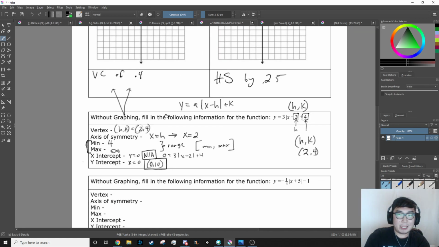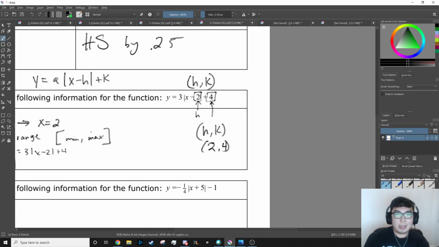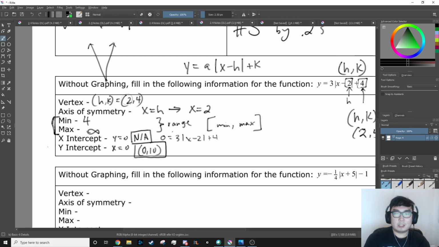We applied it by looking at a vertex form equation for absolute value and deciphering all that information into all these attributes that we can tell just from the equation without graphing. And that's what's really important. You need to get that skill to look at something and be able to interpret a lot more things. And that's why I like math, because it helps you train that skill.